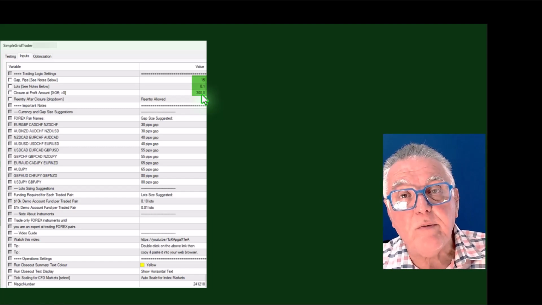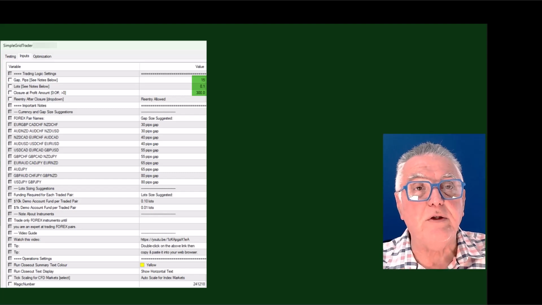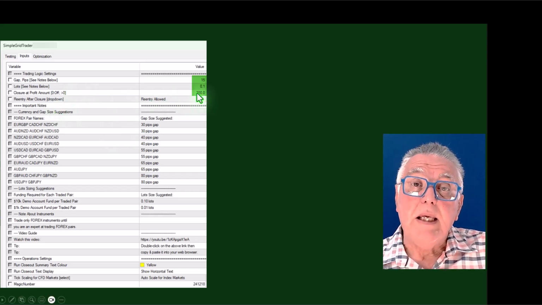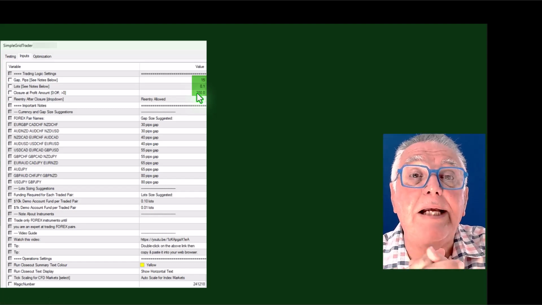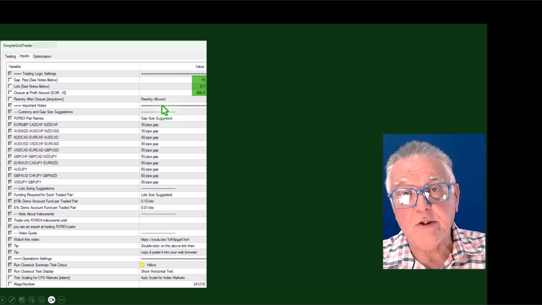You can play around with $200, $100, $150. But that is the number that the EA will close all the deals and go to a zero drawdown. And that's what we want. And then it says, do you want to re-enter when it's done that, or do you want to stop completely? That's also an option.